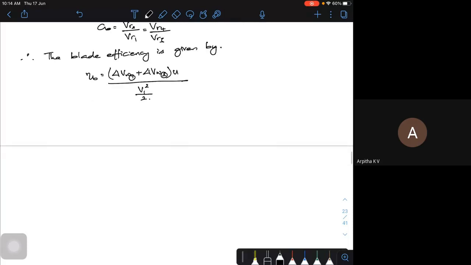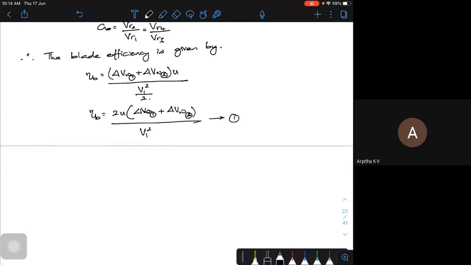Or I can write it as the blade efficiency is equal to 2 times U into delta VW1 plus delta VW for the second row, whole thing divided by V1 square.